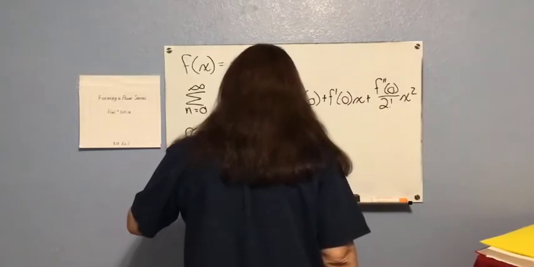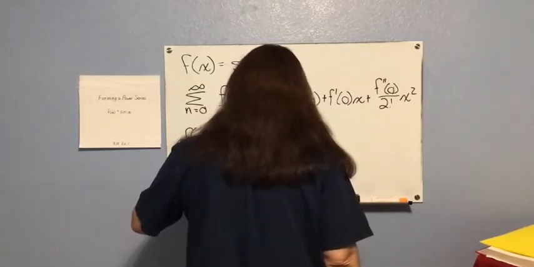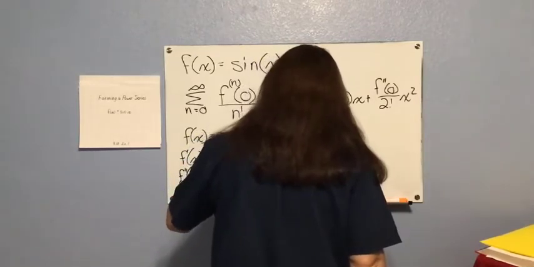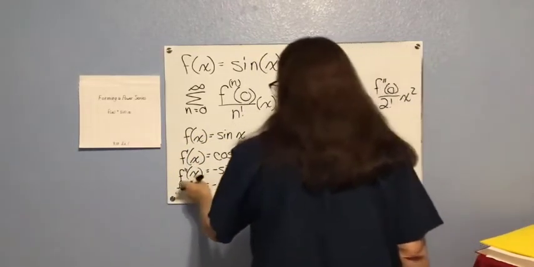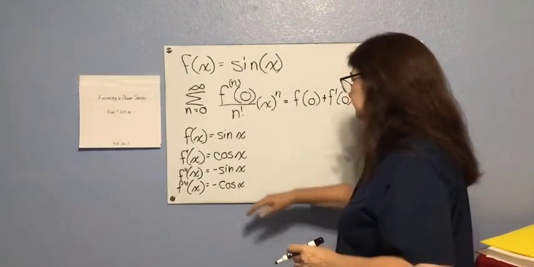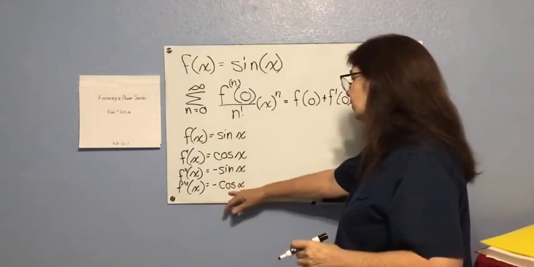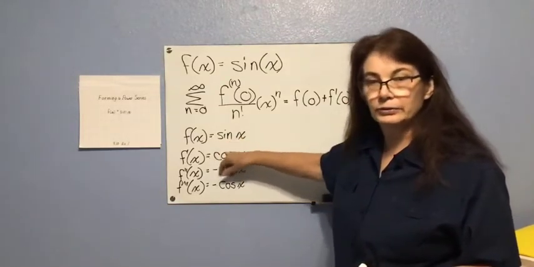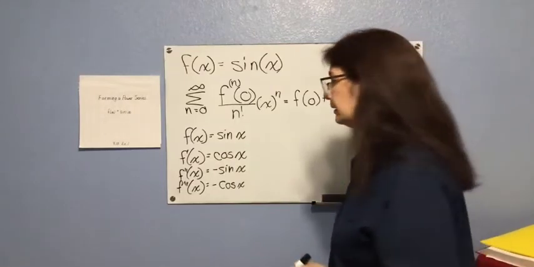And the third derivative is negative cosine x. And after the third derivative, this just repeats itself again. The derivative of negative cosine x is sine x. So f of x and the fourth derivative are the same thing.